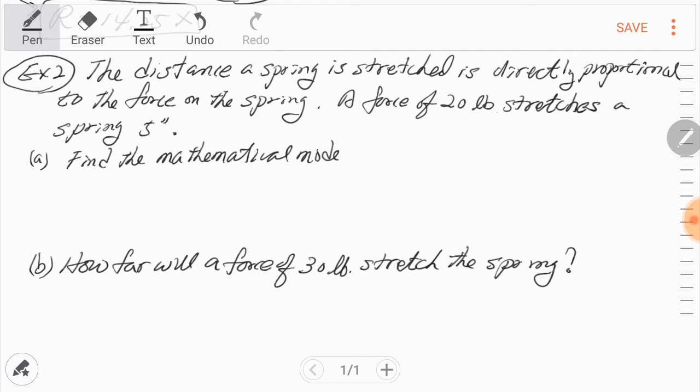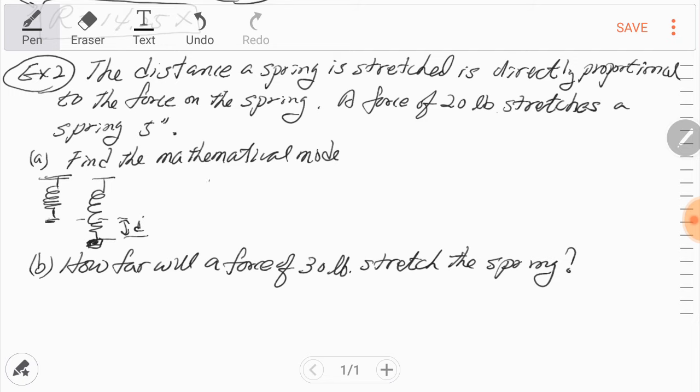So the distance a spring is stretched. Here is a spring like this, and if you apply a force, then the spring will stretch. Once you apply a force, it will stretch this much, the distance d.